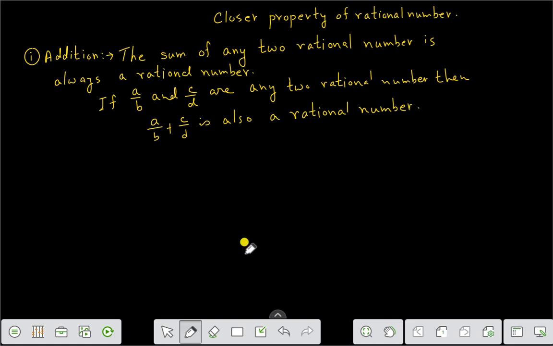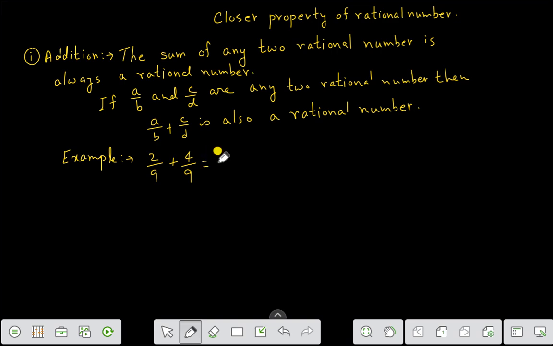Let us take one example. Let us take two rational numbers. One is 2 by 9 and another is 4 by 9. We add both the rational numbers, 2 by 9 plus 4 by 9.